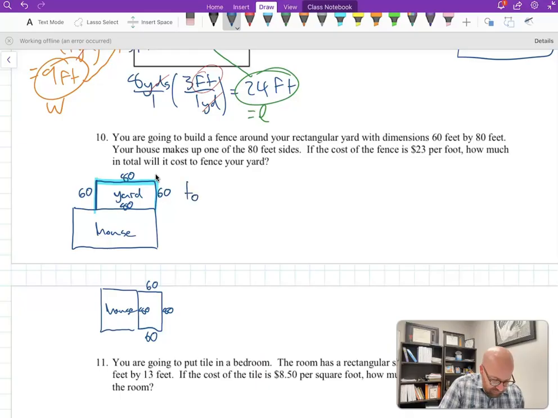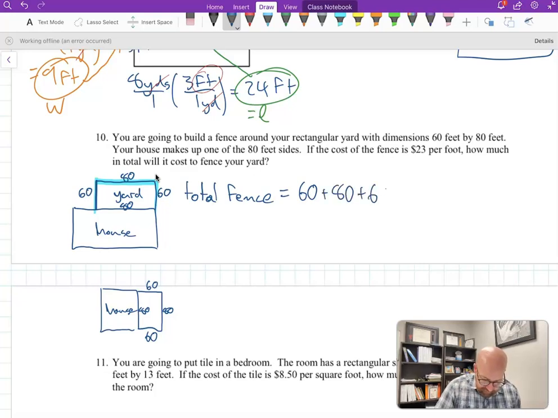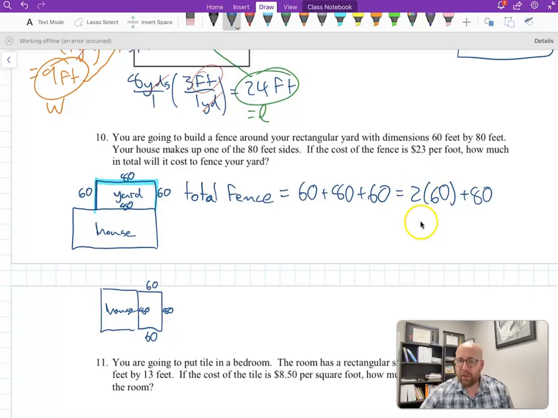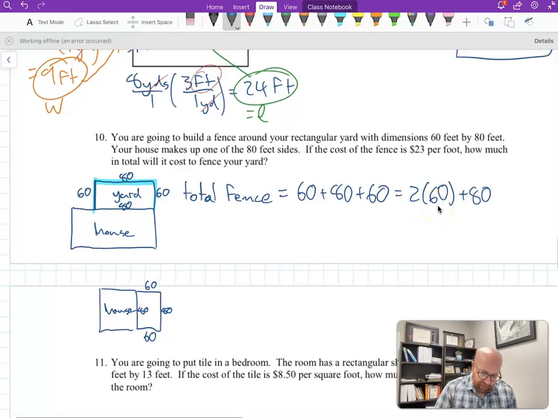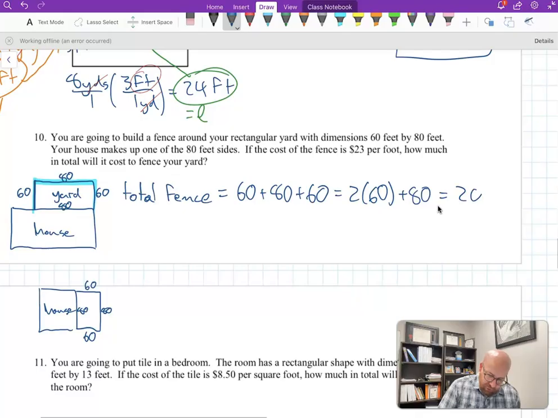So the total amount of fencing that we're going to need is the 60 plus the 80 plus the 60, or 2 times 60 plus 80. 2 times 60 is 120 plus 80. We need 200 feet of fencing to fence in our yard.